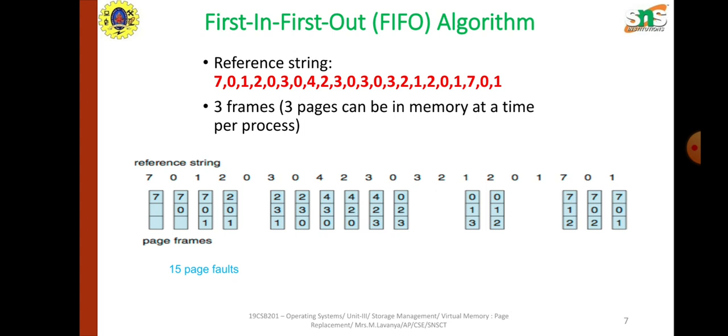And next 3, 2 is not allocated since it is not modified, so it is also left over. Then 1, 2 is considered. Again 0, 1 is omitted and 7, 0, 1 is considered. So the total is 15. So 15 is the page fault occurrence for this string sequence while allocating in the FIFO page replacement algorithm.